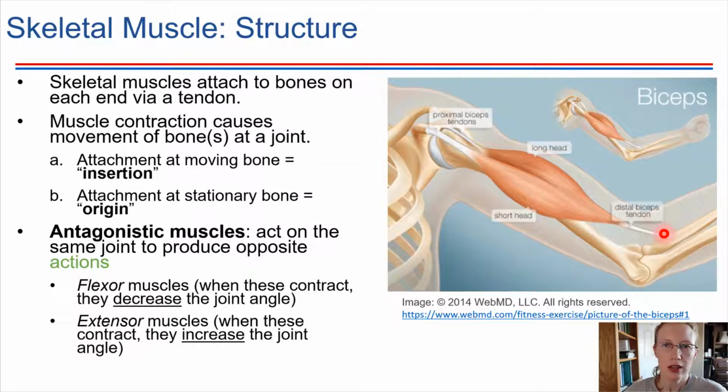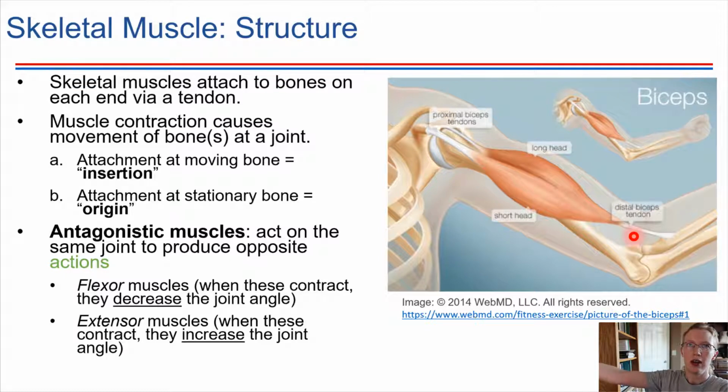When this muscle contracts, the joint around the elbow moves. So when we talk about flexion versus extension, when you contract your bicep, your arm flexes. The reason we call that flexion is because the joint angle is decreasing, measured at the elbow.